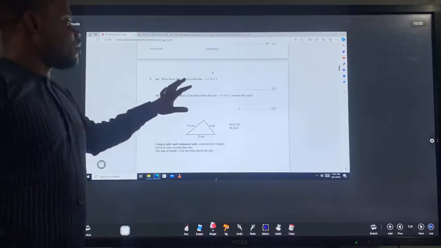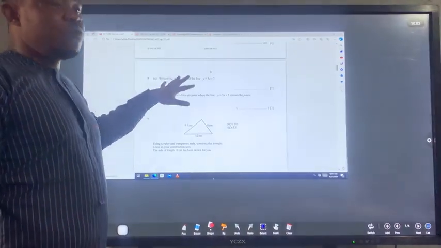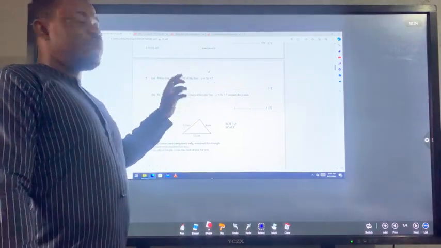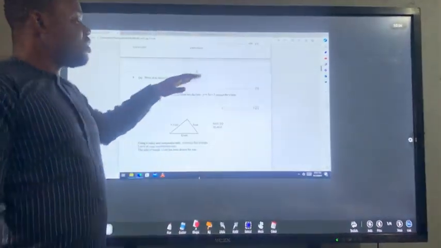Okay, for this particular question, we have to do stuff on coordinate geometry before we can solve it. They're asking us for the gradient of a line.